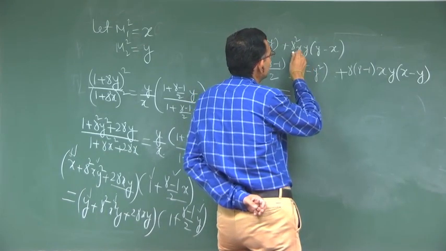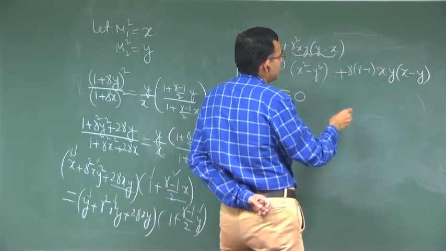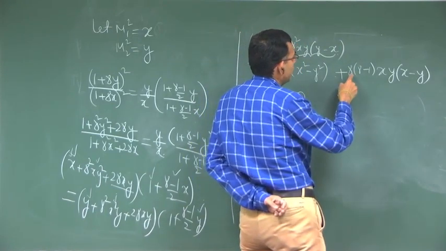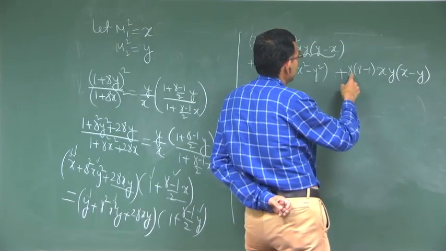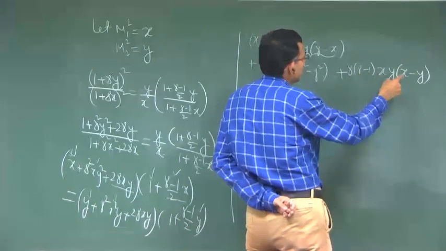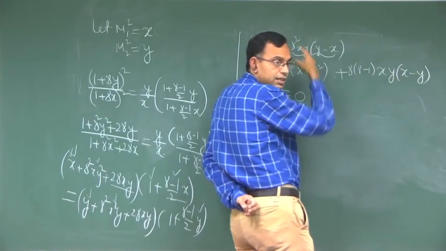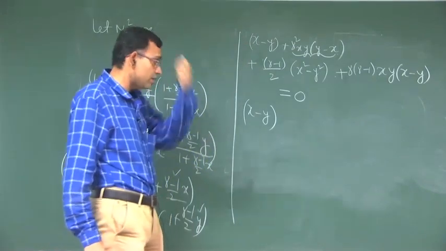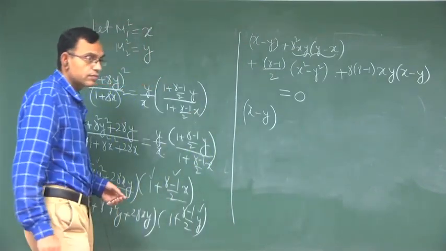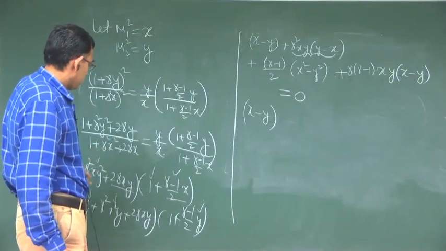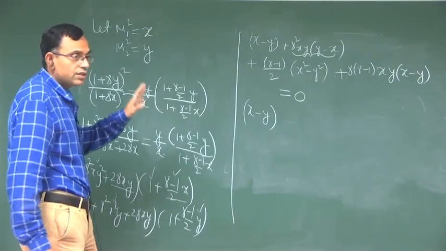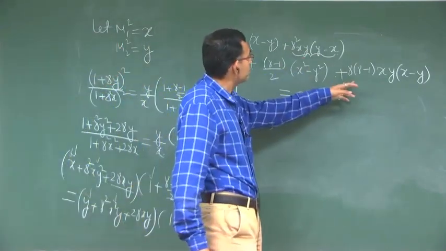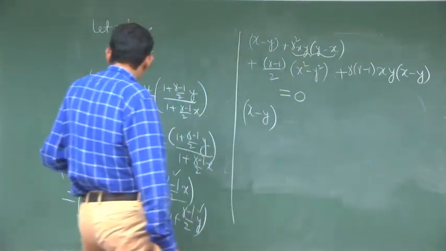Here you will get gamma square x y into (y minus x), and here you get gamma square x y into (y minus x) on the other side, or do they cancel? Just check once. So hopefully we have not made any mistake. Let me check once.